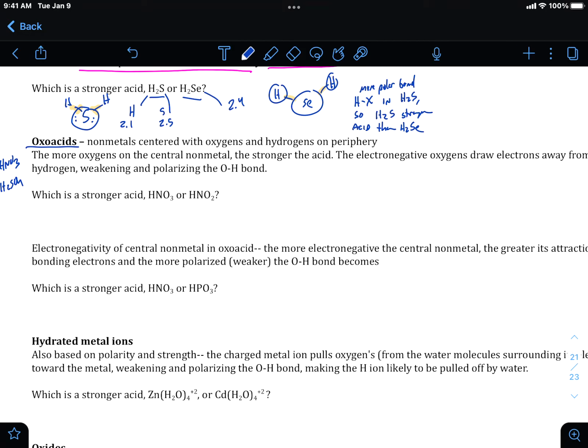It's kind of based on comparing the number of oxygens that are present. So here we have HNO3, right? There is resonance involved in HNO3. We've drawn this maybe a couple times back in our bonding unit. We consider this shape to be trigonal planar, right? Okay. All right, and then HNO2 would look like this.